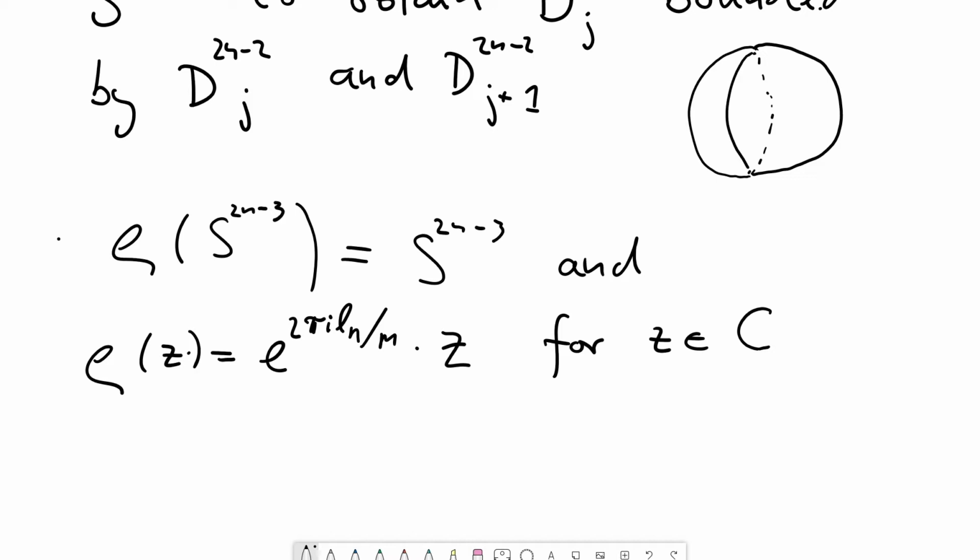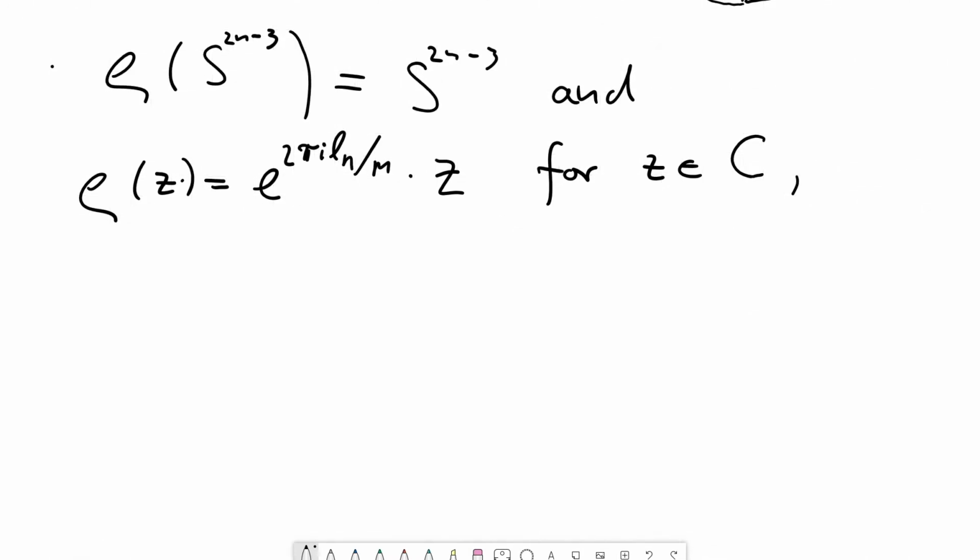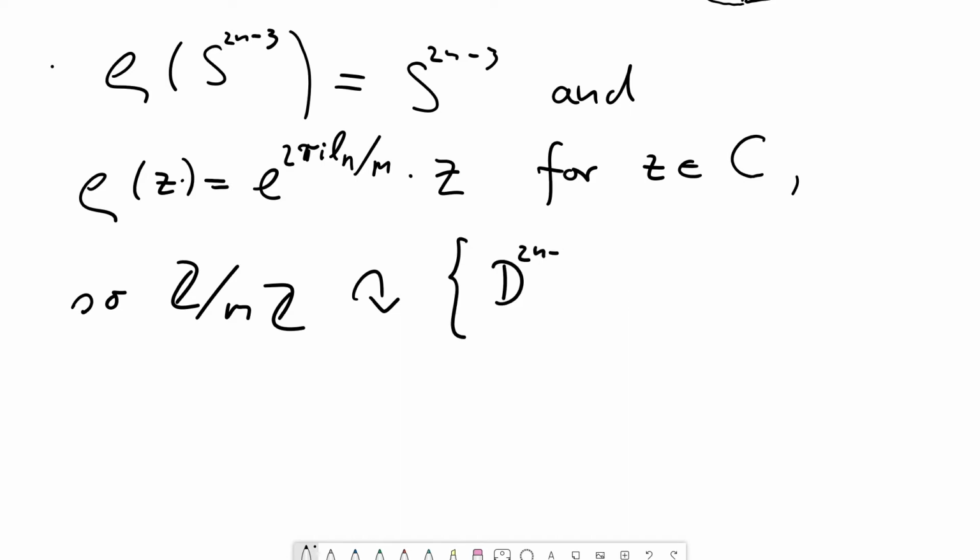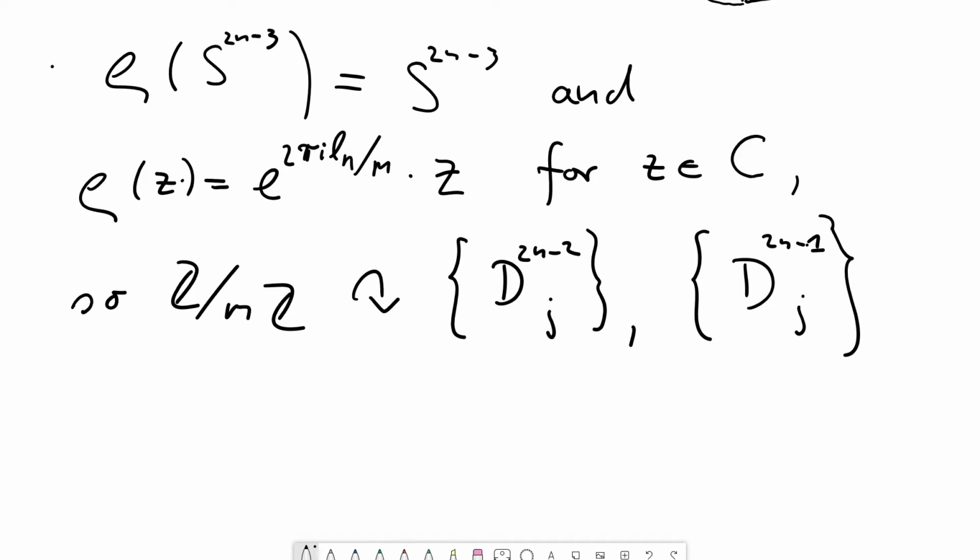What this means now is that our group Z mod m Z not only acts on this whole sphere, but it also permutes those disks which we have just constructed. So the conclusion is Z mod m Z acts both on this family of (2n-2)-dimensional disks, and it also acts on the family of bigger disks D_j^(2n-1).